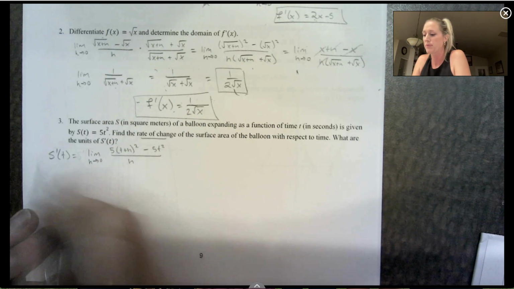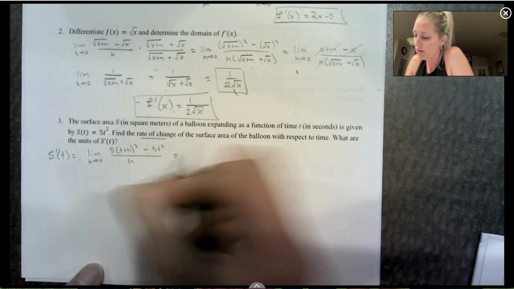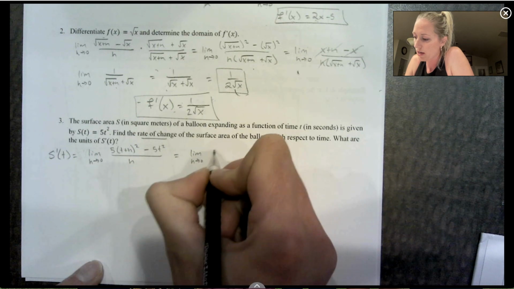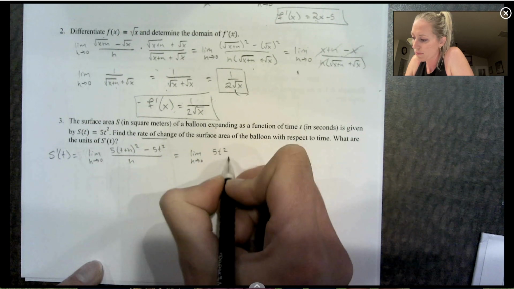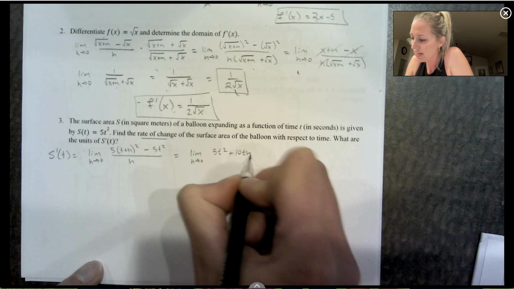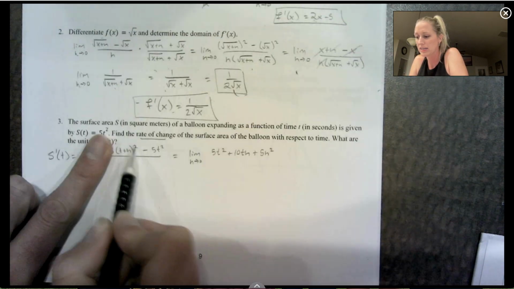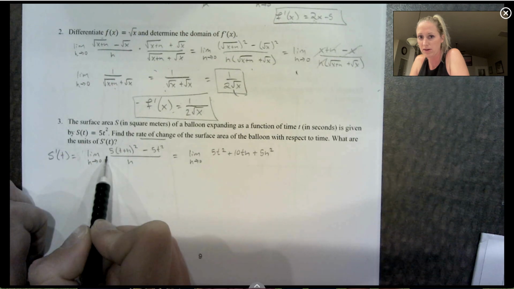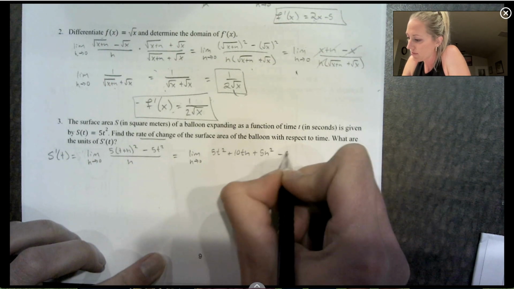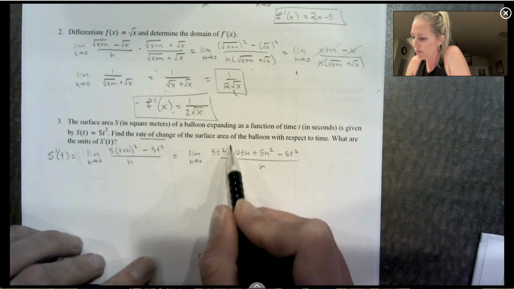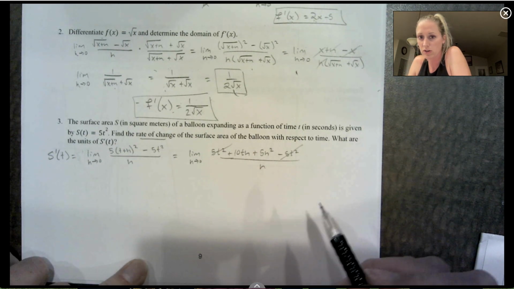Okay, so we've got s prime of t equals the limit of this function as h approaches 0. Okay, so expands, and we get, keep your limit notation, 5t squared plus 10th plus 5h squared. So that's expanding that and then multiplying everything by 5 minus 5t squared over h. Okay, so my positive 5t squared and negative 5t squared go away.